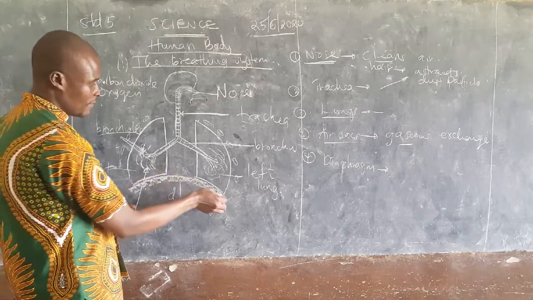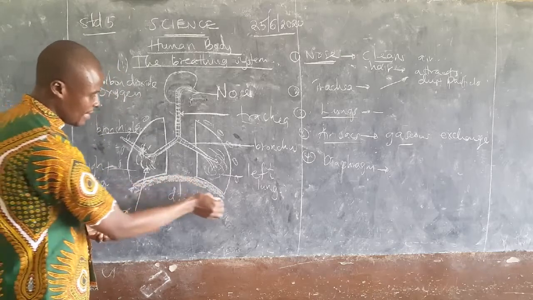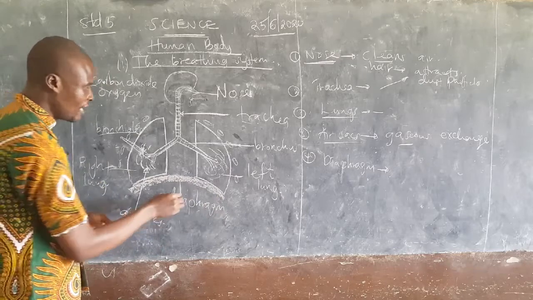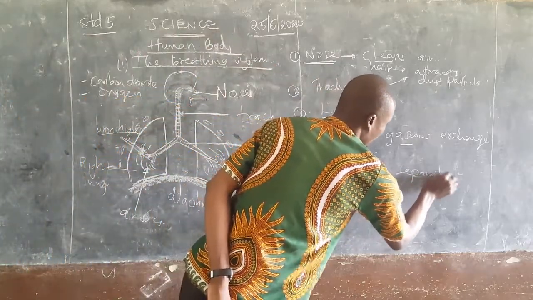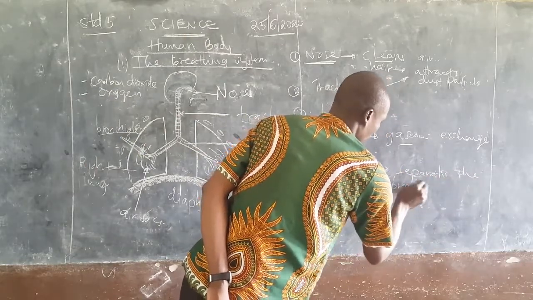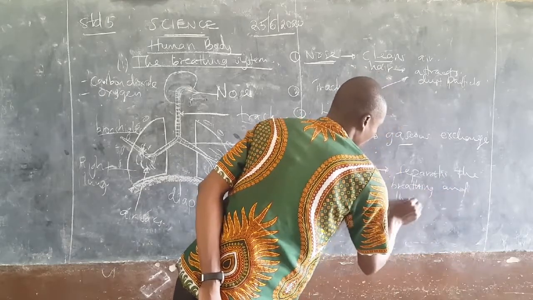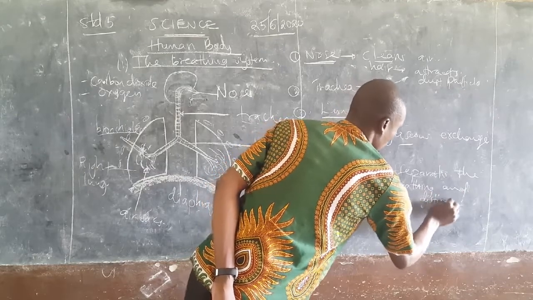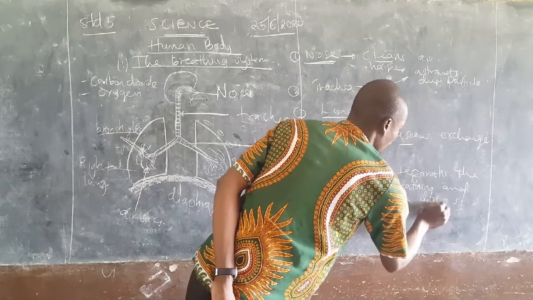We also have the last part that was here, the diaphragm. The diaphragm has a major role. It is a membrane that separates the breathing system and the digestive system.